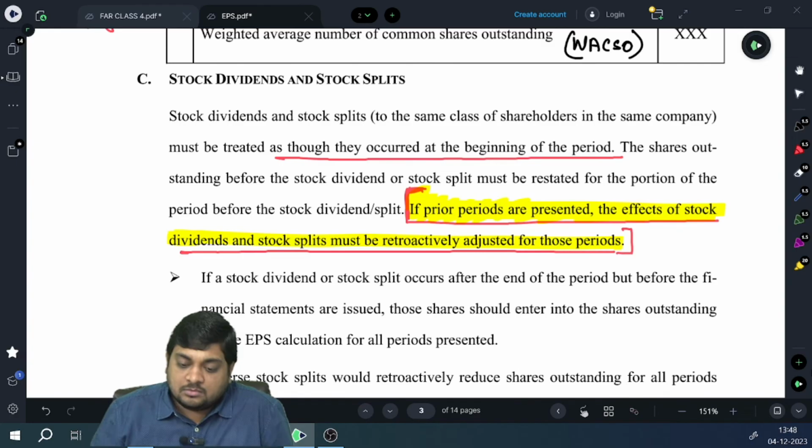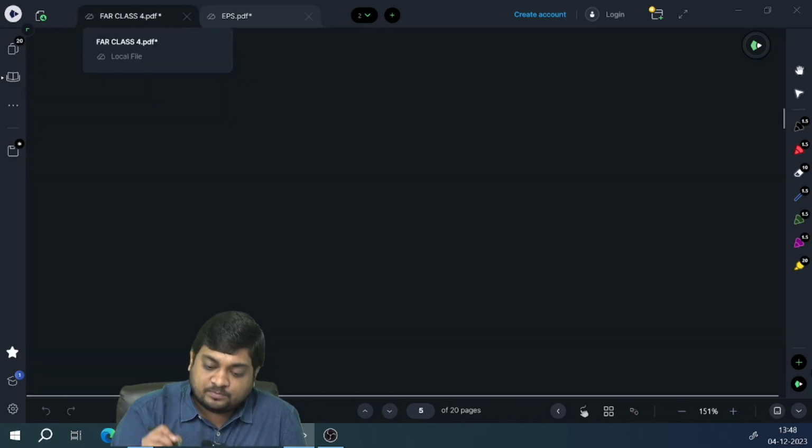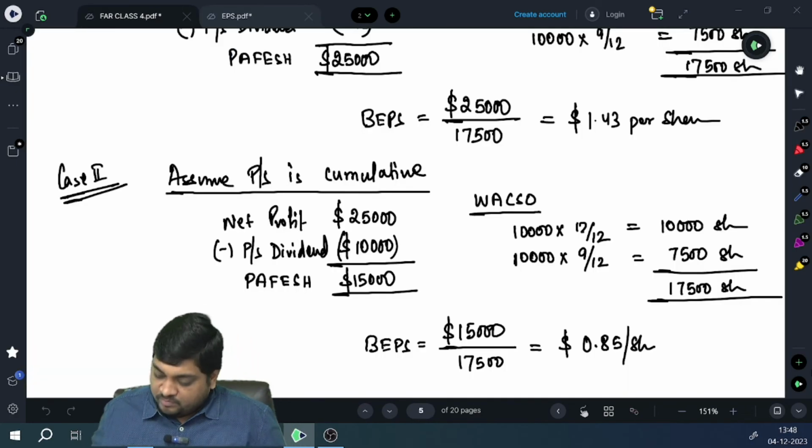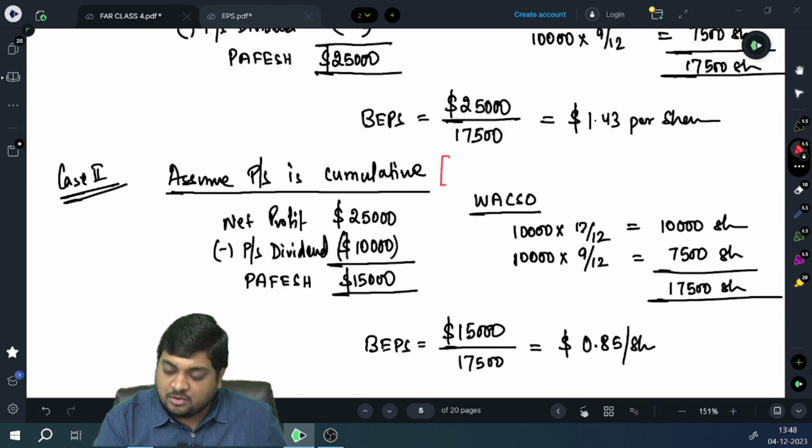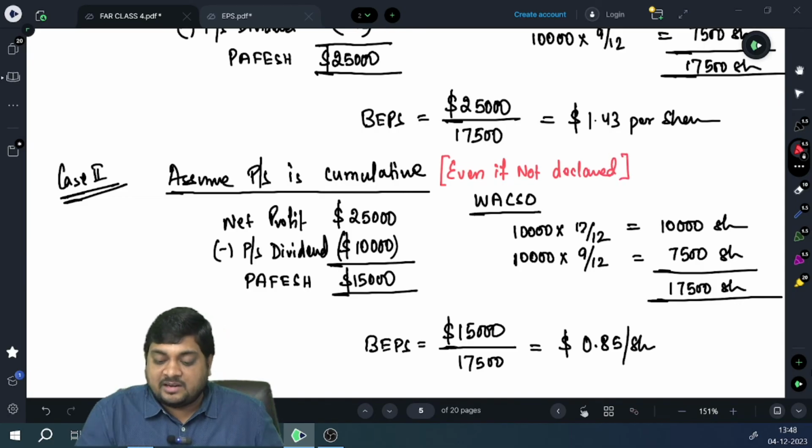Now, why is it so? So, in case of preferred, even if not declared, subtract.